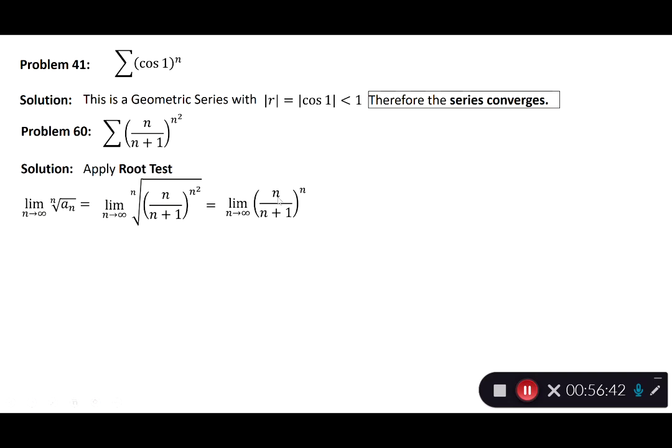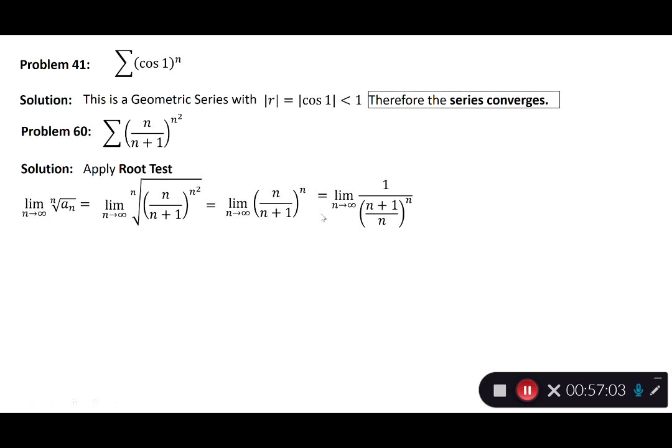Can I write n over n plus 1 as, divide both the top and the bottom by n? So if I divide the top by n, would I get 1? And the bottom, n plus 1 over n? And of course the whole thing is raised to n.